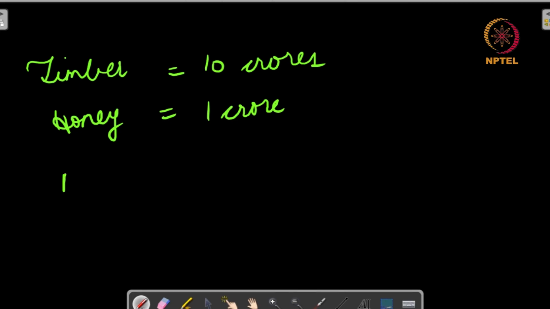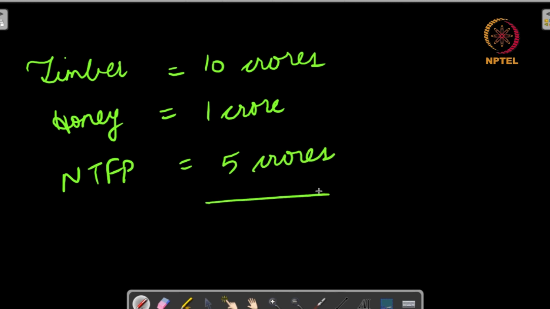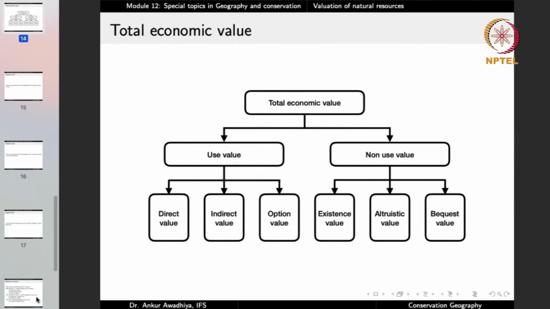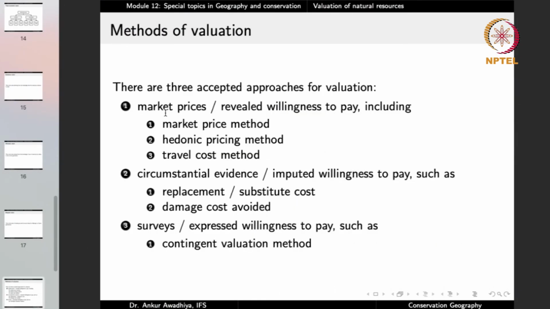If your forest is providing you with NTFP products such as medicinal plants or things like mahua, which is, say, worth 5 crores of rupees, then the value of your forest should be at least 10 plus 1 plus 5, which is 16 crores of rupees. And this is the value that you are figuring out using the market price method.